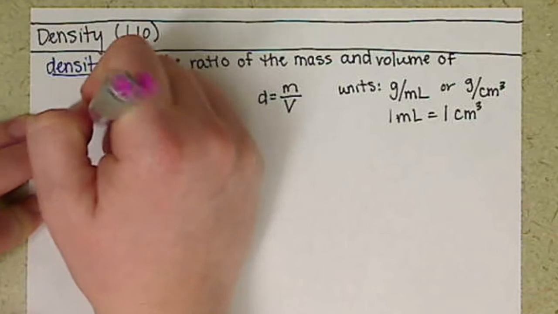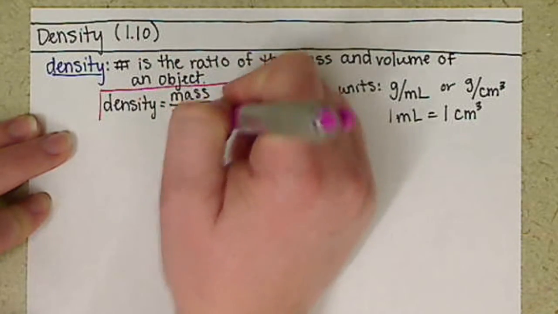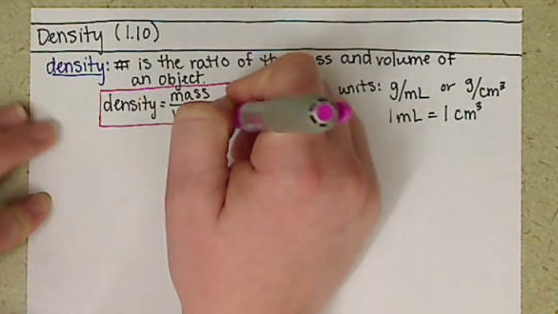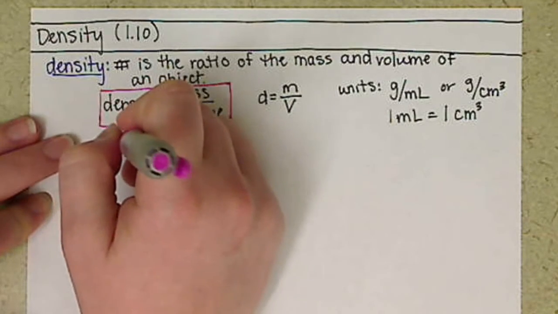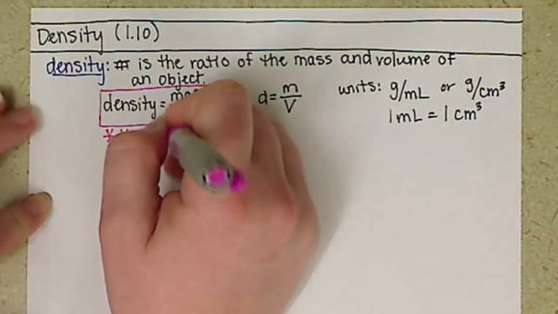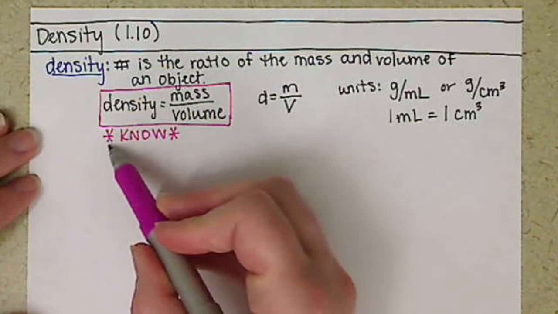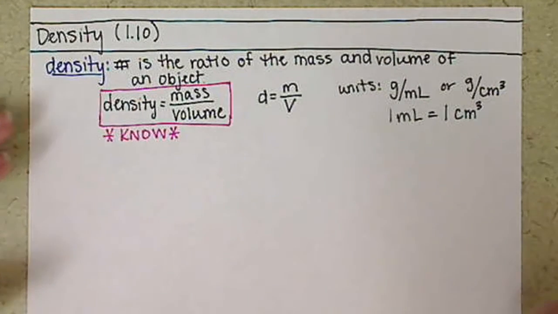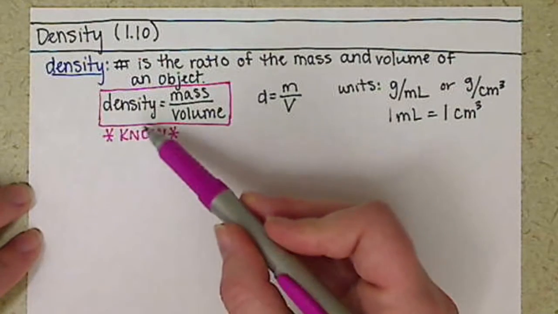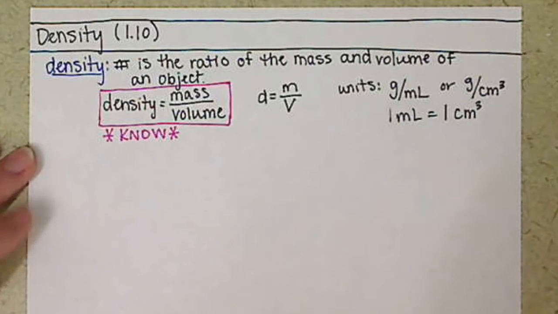This is definitely an equation you're going to want to know. Typically when I put in your notes this know here, I don't like to use the word memorize, but essentially for all intents and purposes you need to memorize this equation.